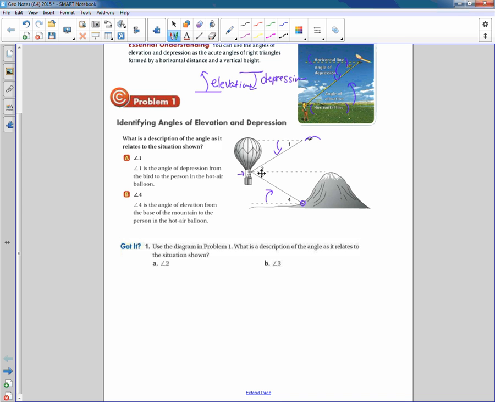Well, 2 and 3 is going from the person in the hot air balloon. Their horizontal eye line would be here, okay? So from here to the actual bird, right? That's going to be an angle of elevation, right? If we're going from the person in the hot air balloon to the ground, and they're looking down, then that's going to be an angle of depression, okay?